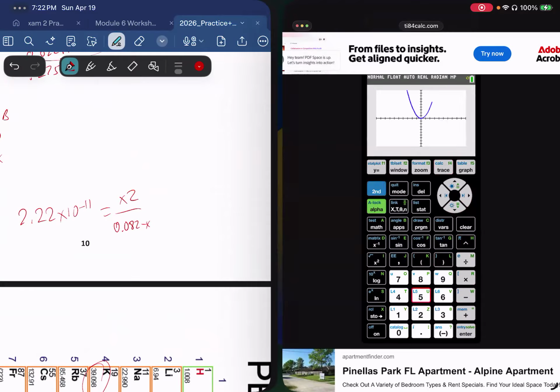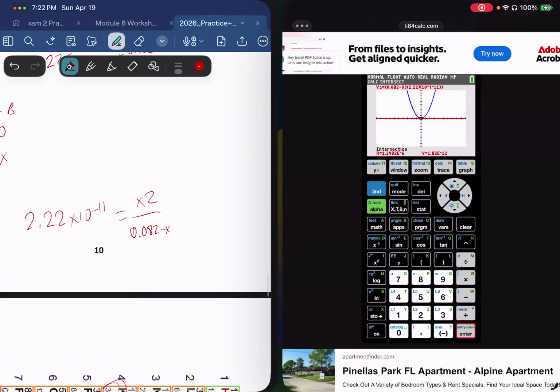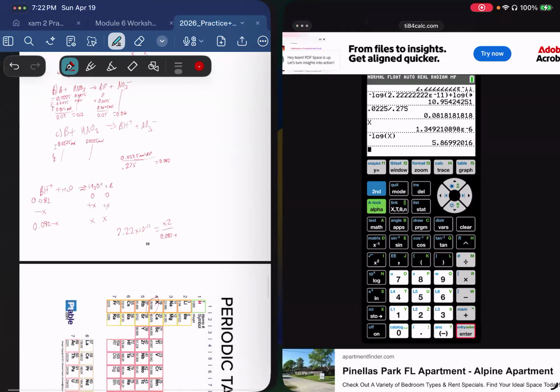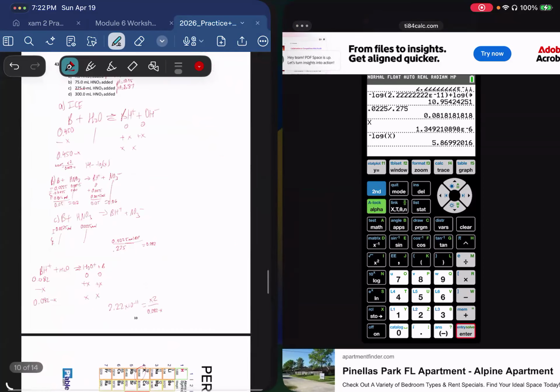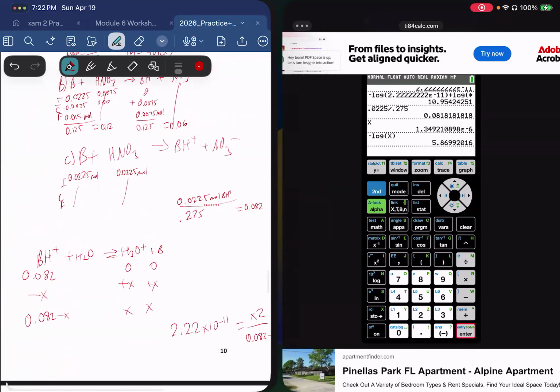Okay, second calc, 5, enter. All right, so this is what X is, which is the hydronium concentration. So negative log of this value gives you 5.87. Let's check if that's right. It seems like it's right. Okay, so this is ICF followed by ICE.